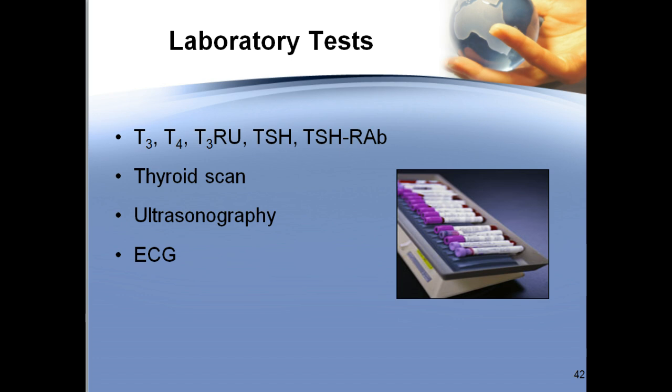So the laboratory tests that they usually draw, and then what they also do is a thyroid scan. And basically all they're doing there is trying to evaluate the position, size, and functioning of the thyroid gland.